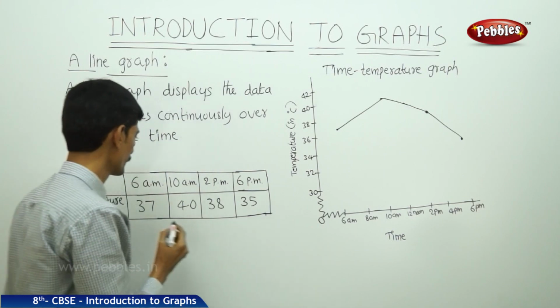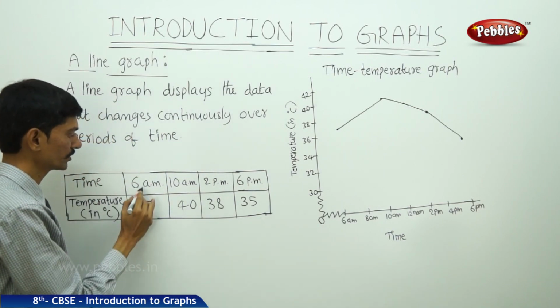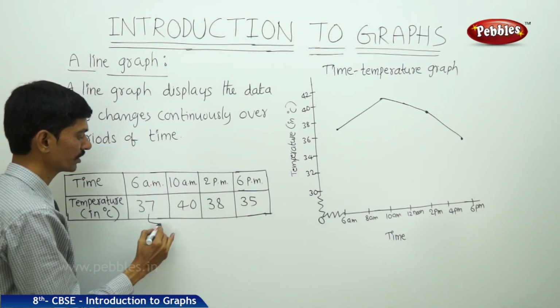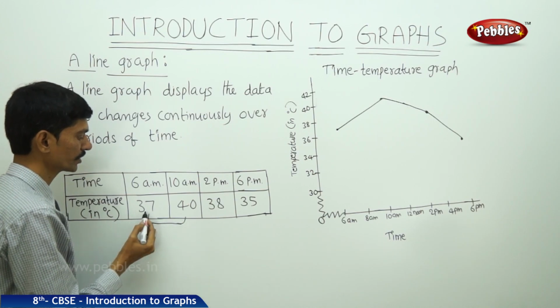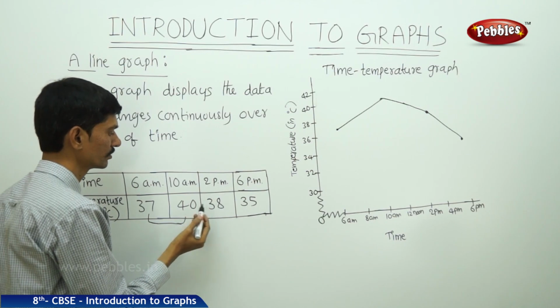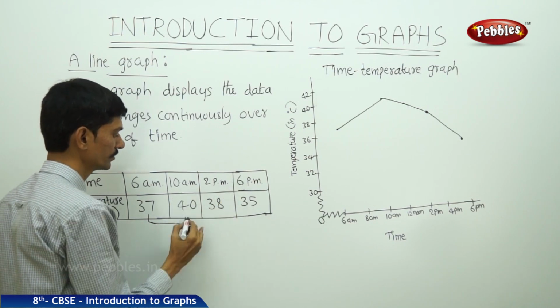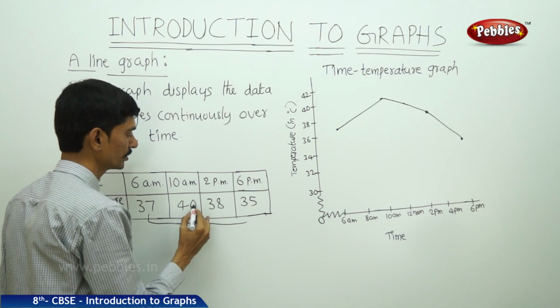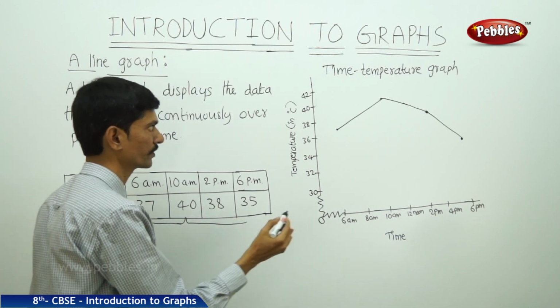In the table also you can see that from 6 am to 10 am the temperature was increasing from 37 to 40 degrees centigrade, and since then it was decreasing. So from 10 am to 6 pm it was decreasing, 40 to 38, then 38 to 35.